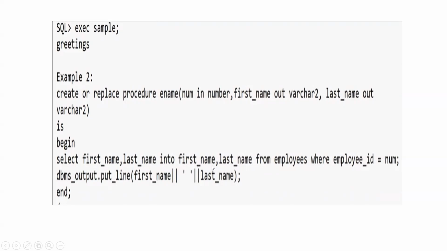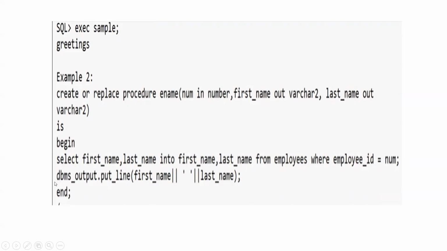You are getting the first name and last name and putting them into the variables first name and last name from employees where employee ID is number. Whichever number you give, that employee's name will be concatenated.